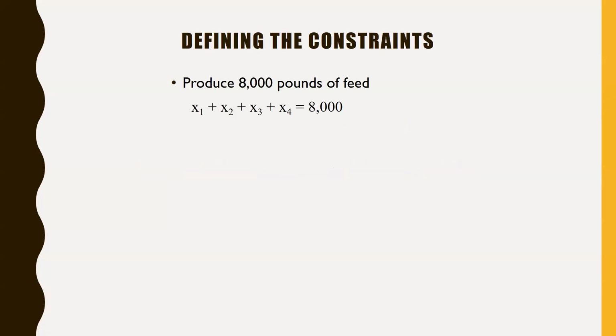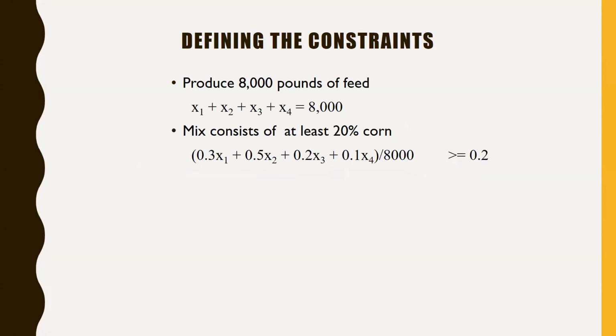And also our constraint: the total amount of feed is 8,000. That means X1, X2, X3, X4 should sum to a maximum of 8,000. And 20% corn: we have 0.3, 0.5, 0.2, 0.1, divided by the total mass of the feed.